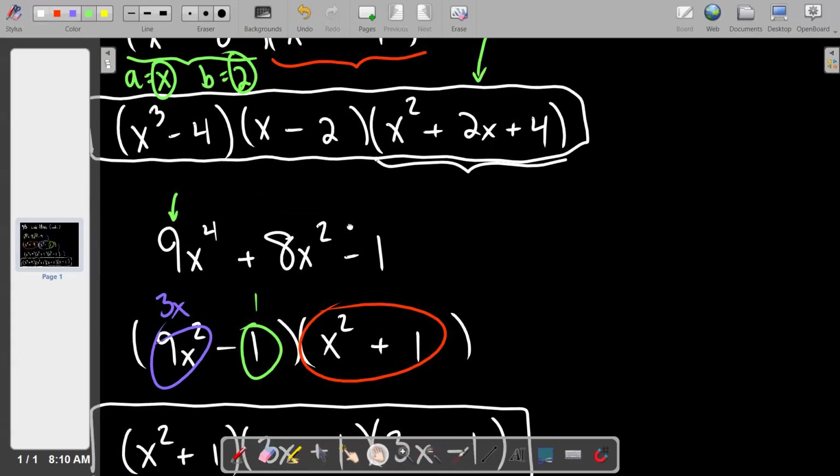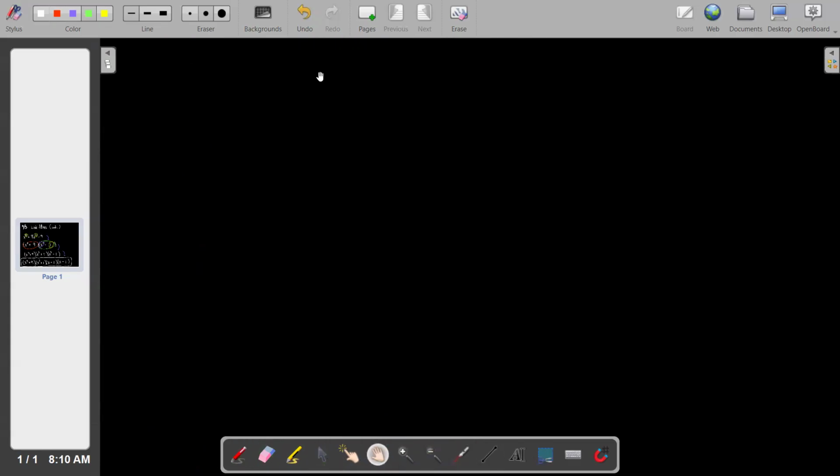We ready for the penultimate example, right? Number 11 out of 12. 12x to the fourth minus 19x squared minus 18.